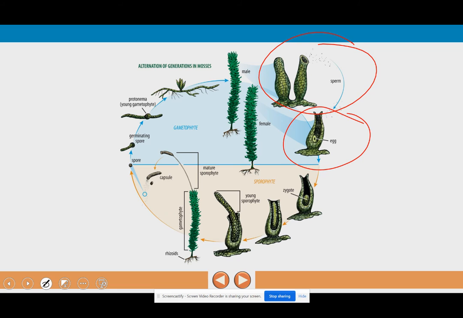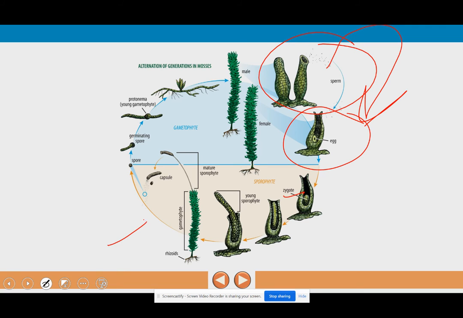Mosses are dependent on water for reproduction. It has to have that water to help the sperm on the male leafy shoot get to the egg on the female leafy shoot. Once fertilization happens, you get that diploid zygote, and then that's going to form into this sporophyte.